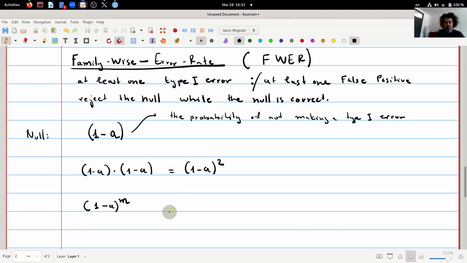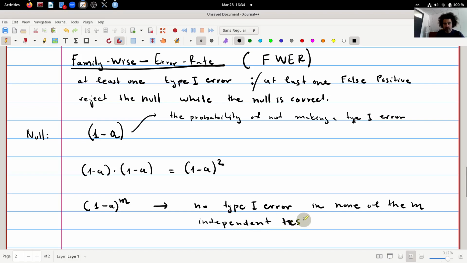So this is the probability to make no type 1 error in none of the m independent tests that we had.